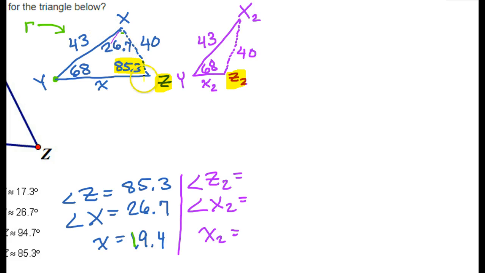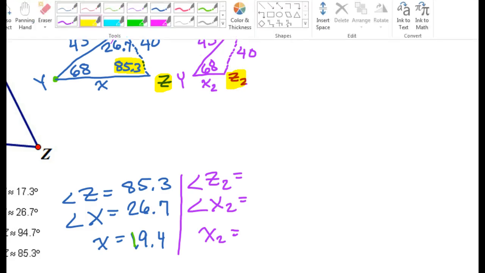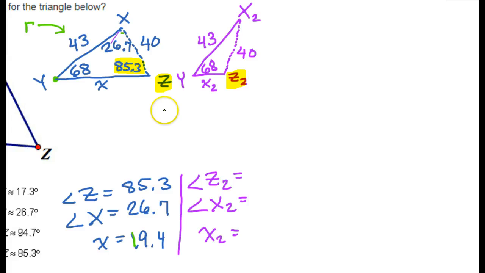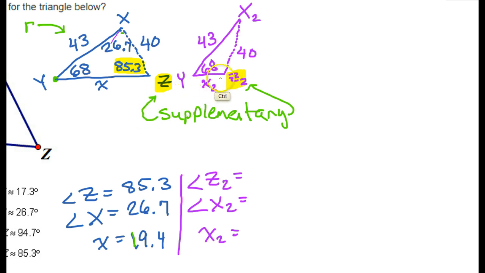The angle you get when the rope is outside and the angle you get when the rope is inside. These two angles are always supplementary. Okay, maybe we should put that in our notes right now. Okay, this is key. These two are supplementary, meaning that they have to add up to 180.